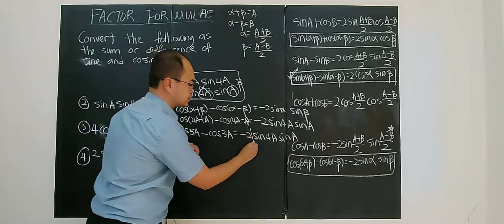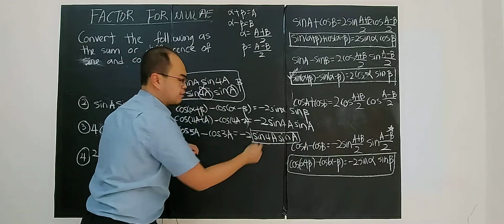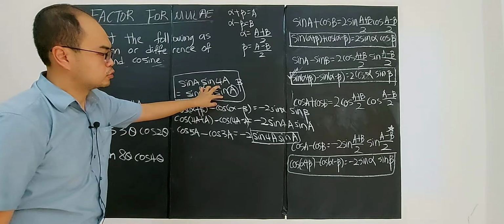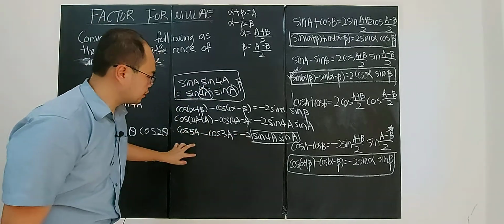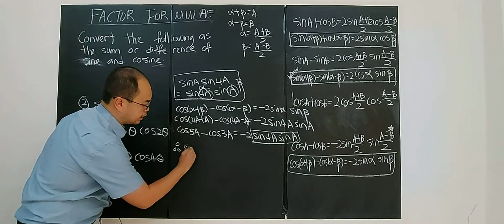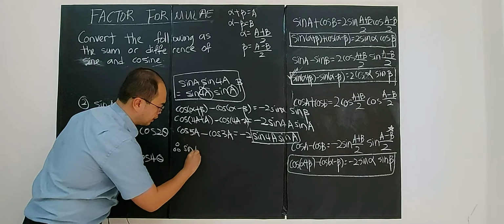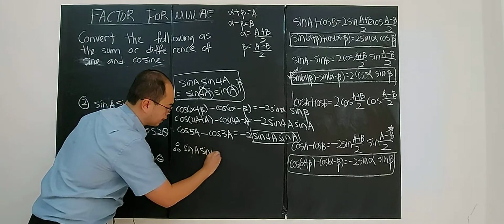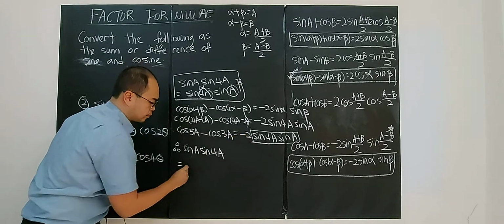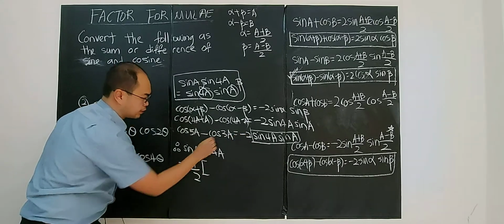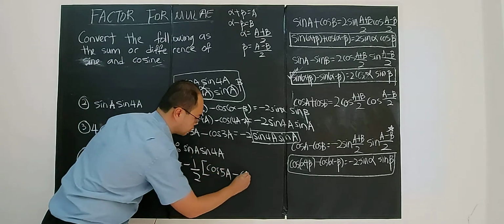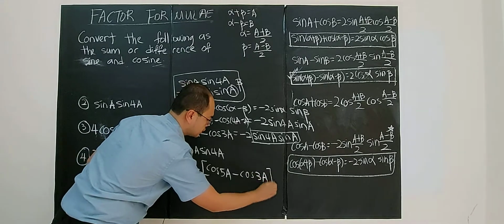But what you want is sine A sine 4A, right? Sine A sine 4A, which is the same as sine 4A sine A. So you bring this over here, then you will know that therefore your sine A sine 4A is equal to negative half of everything here: cos 5A minus cos 3A.